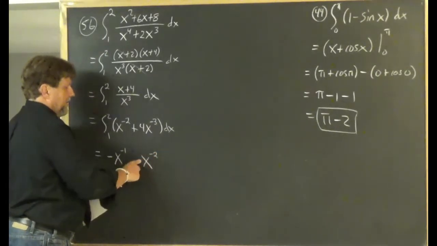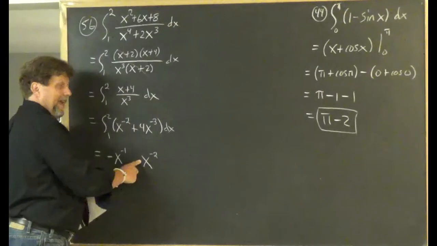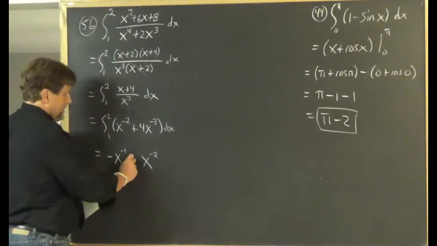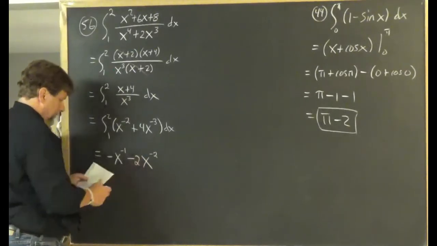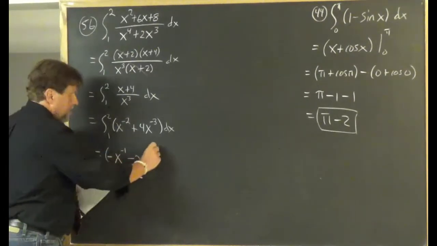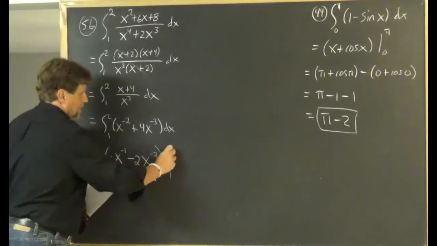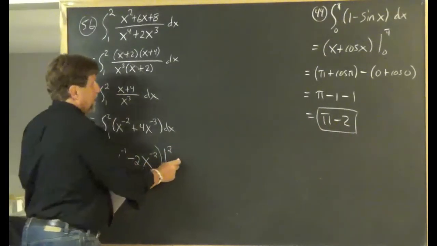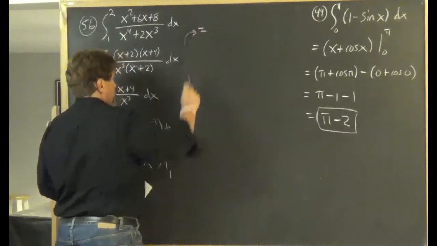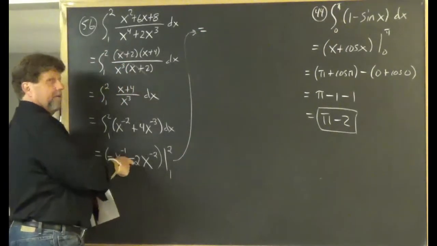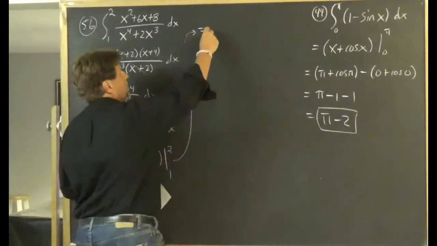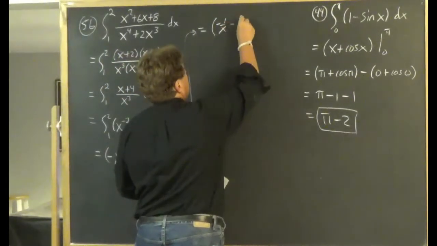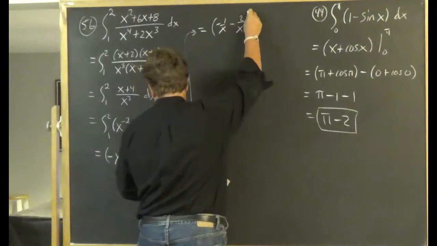The little multiplier that comes out front would be a negative 1/2. So 4 times negative 1/2 is a negative 2. And now I need to evaluate this from 1 to 2. So I'm going to pull it up here, because to help me in the evaluation, I'm going to get rid of the negative exponents. So I'm going to write that as a negative 1 over x minus a 2 over x squared.